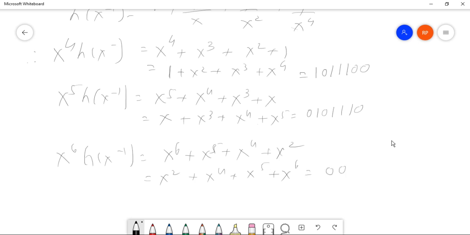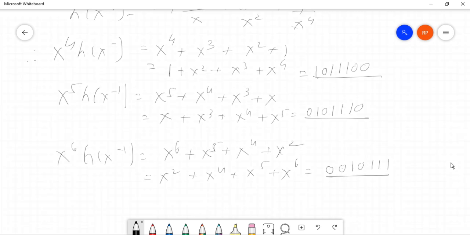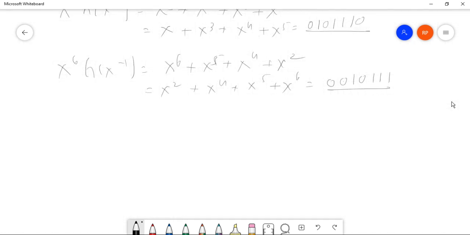Constant is not there, x is not there, x square is there, x cube is not there, x raised to 4, 5 and 6 are there. Let us count 1, 2, 3, 4, 5, 6, 7. So we have 7 columns, 7 bits. Well done, so 3 rows are also done. This is row 1, this is row 2, and this is row 3. Only x raised to 4, x raised to 5, x raised to 6 needed to be multiplied.